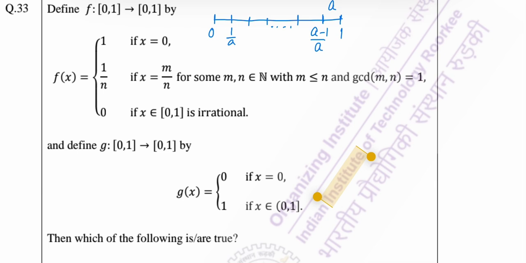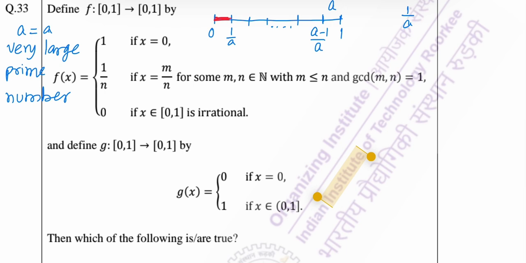Now we go for the value. That means we take the first interval, the length of first interval is 1 by a, and also you should assume that a is a very large prime number. The first interval I show you in red.